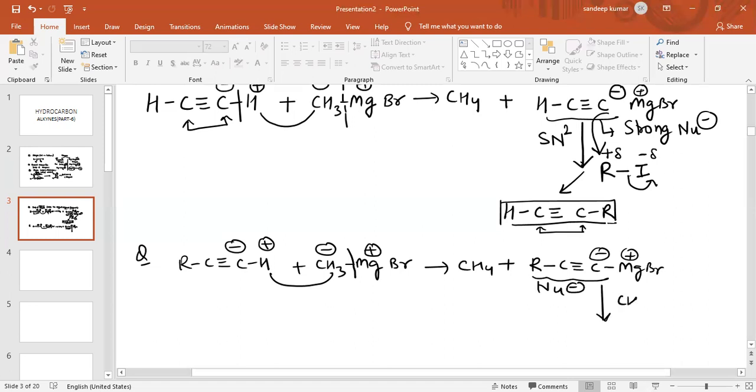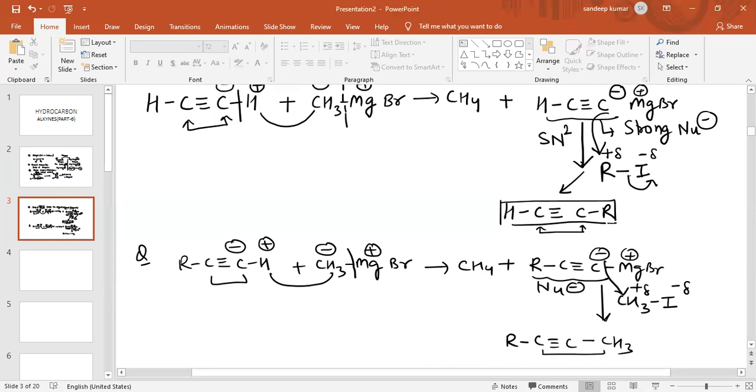Now on reaction with CH3I, this nucleophile will attack this carbon atom, because this is partial negative and this is partial positive. The product obtained is R, C triple bond C, CH3. We can see there were only 2 carbon atoms, while now there are 3 carbon atoms.